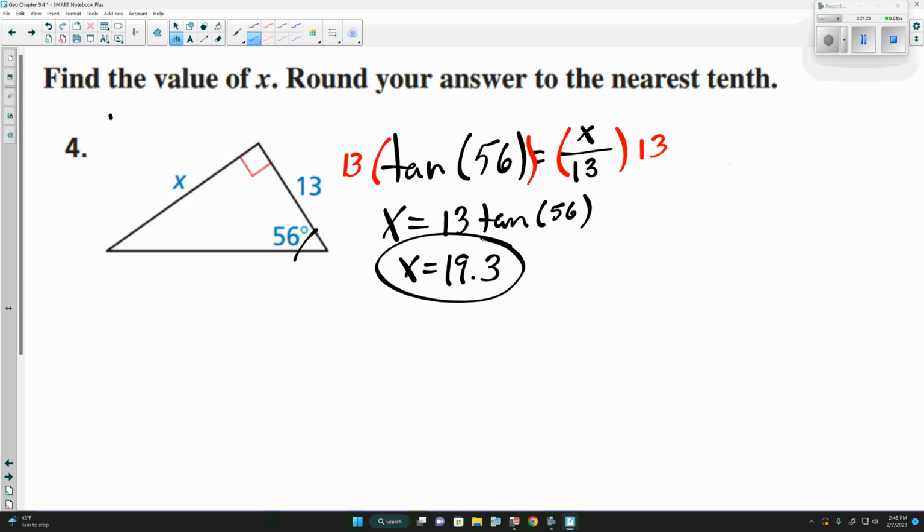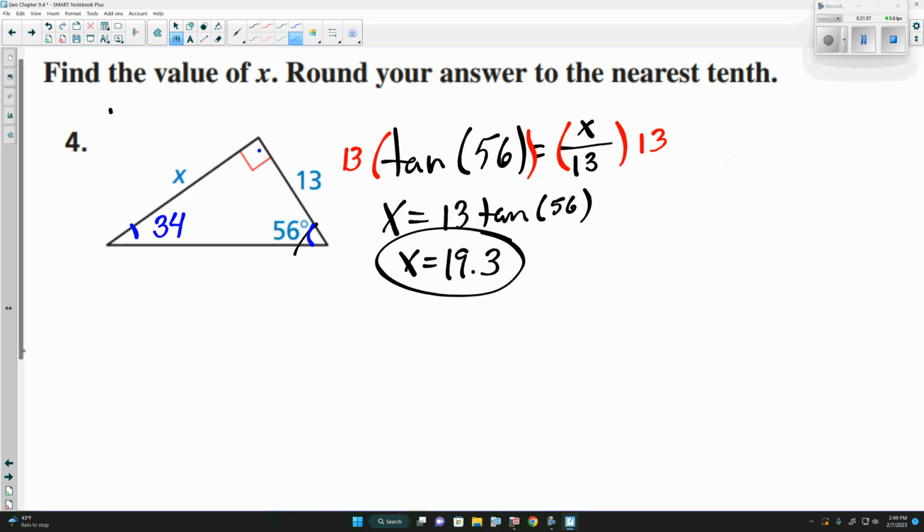Now, again, I said I would look at this in two ways. Now, we know that this is a right triangle, yes? So these two angles here add up to be 90, yes? So if we subtracted 56 from 90, we would get 34.